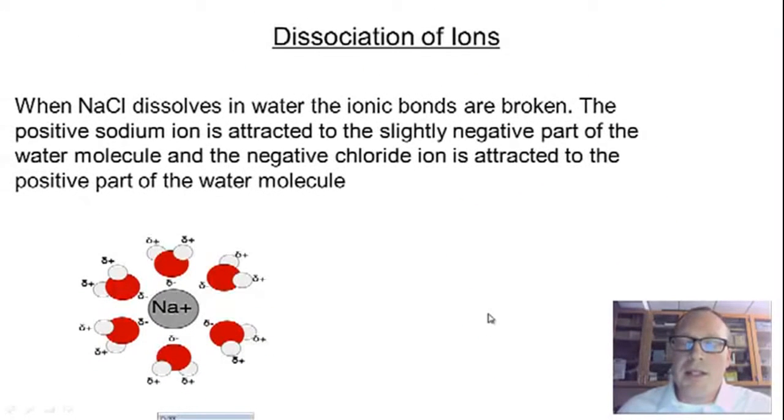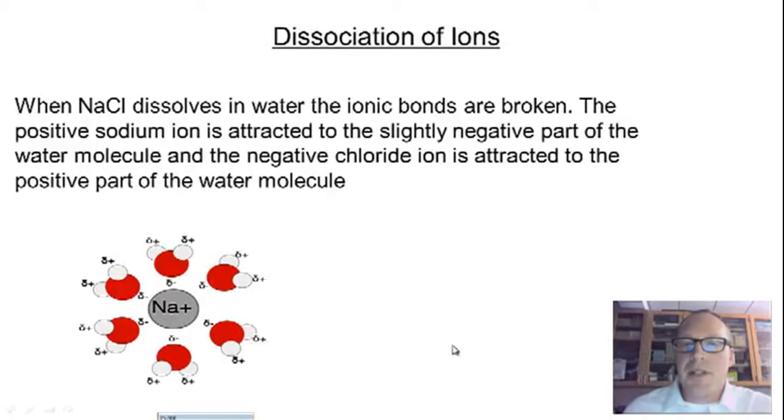Now, let's take a particular example of an ionic salt, sodium chloride. That's table salt, the ionic compound that most of us are familiar with. What happens when you put salt in water is that the sodium and the chloride ions dissociate. They are no longer associated. They fall apart. Again, the positive sodium ion is shrouded by the oxygen, the slightly negative side of water molecules, and the reverse for the chloride ions.